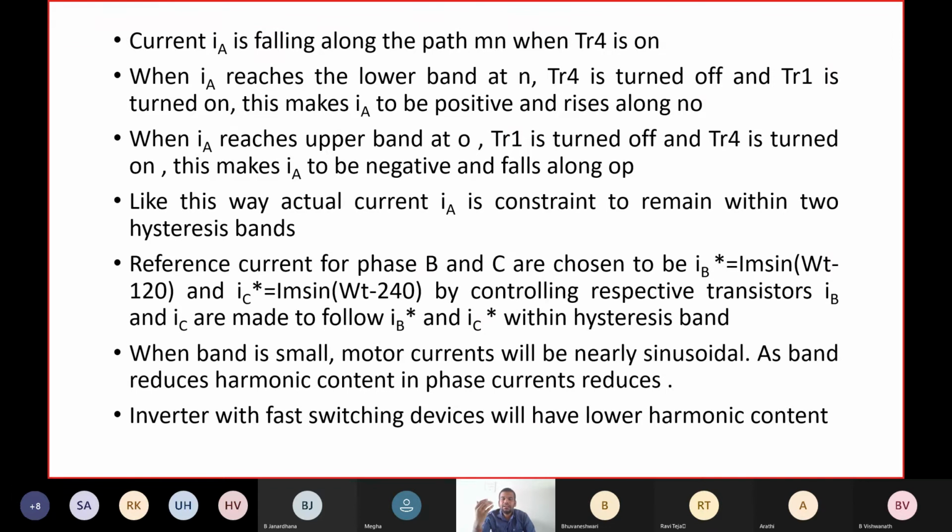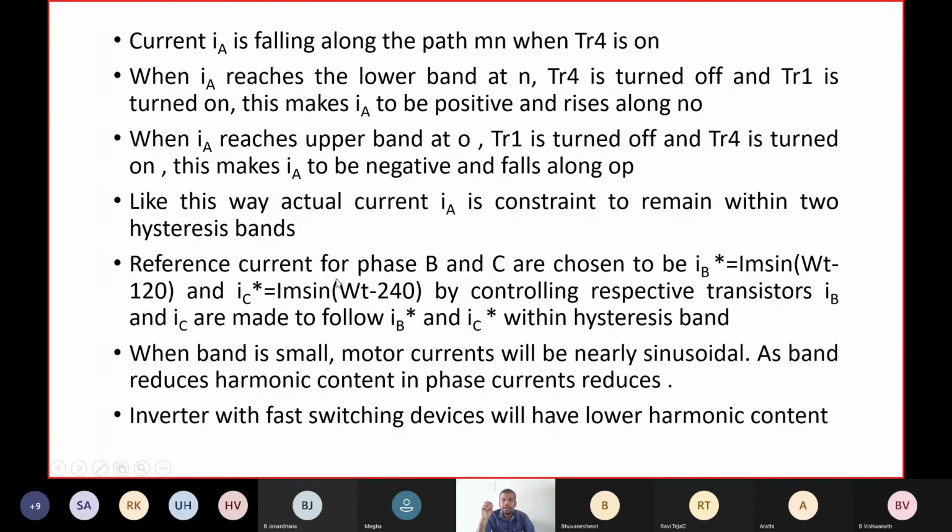So we can say that the system is in phase only when there is a 120 degree phase difference between each phase. Then only can we call it a balanced system. So for phase B, IB star is Im sin(omega t minus 120 degrees), and IC star is Im sin(omega t minus 240 degrees).